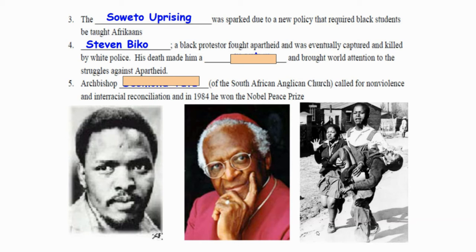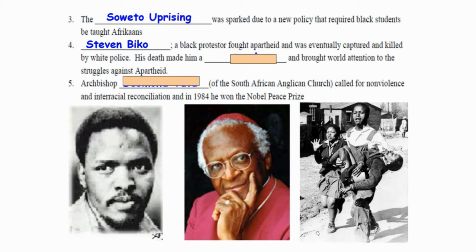And as a result, many of these students protested, and many of them were beaten, if not killed. The photo that you see at the bottom right hand corner was taken that day, and it has become kind of the catalyst for the anti-apartheid movement.